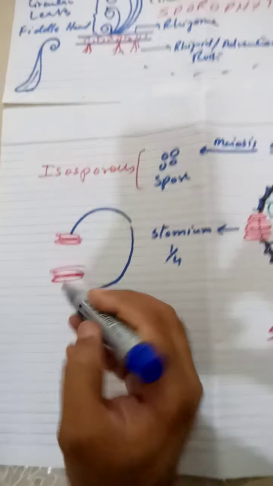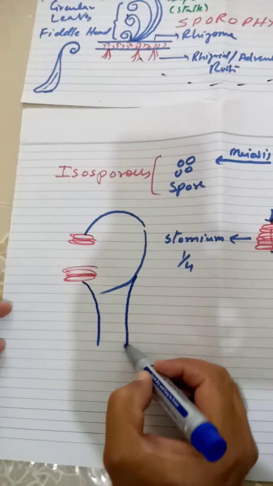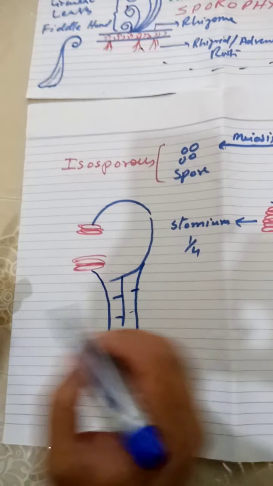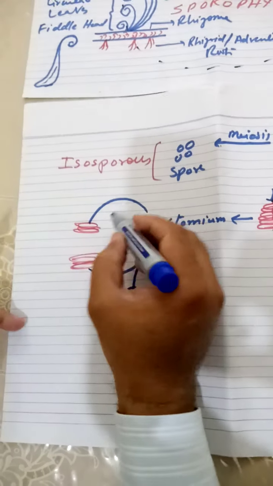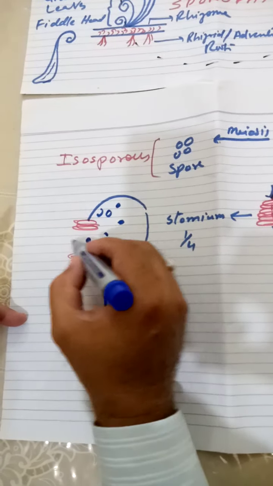Like this one, its stomium breaks. And the sporangium sheds the spores. The radial part contracts from here.